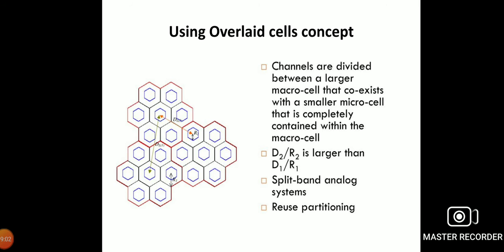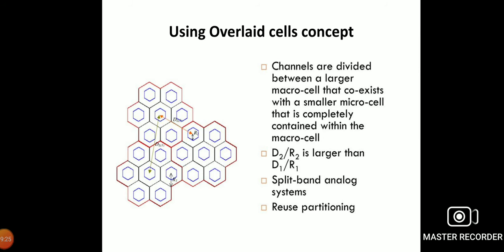Number 2, low power transmitters are used in each zone. Apart from the control base station, the effect of interference is highly reduced. Number 3, improved signal quality is possible.